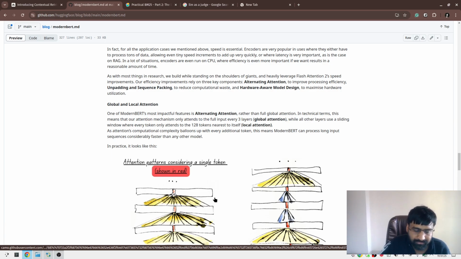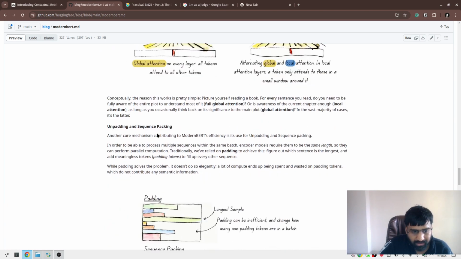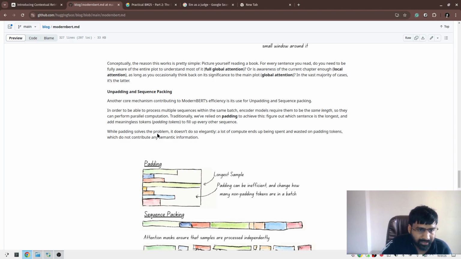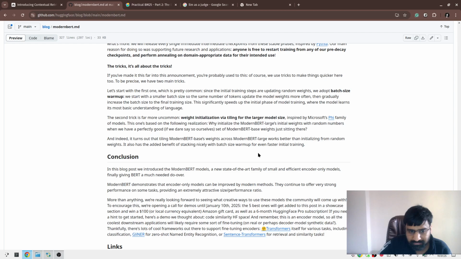By the way, this blog is a very good read, and you can also read about the sections on global and local attention, and then padding and strides. But this is in a nutshell what they are majorly talking about. So this is a very good read.